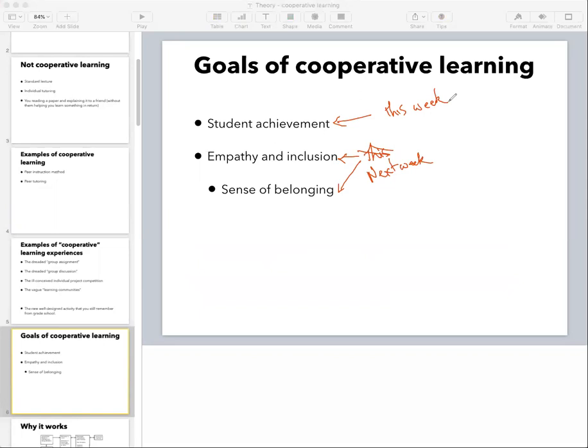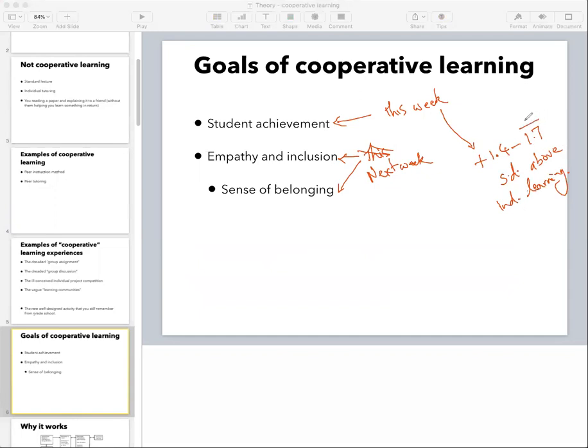So designing cooperative learning well allows you to improve student achievement. How much does it improve by? It depends on the topic that you're teaching, and it depends on how well the cooperative learning is designed, but usually between 1.4 to 1.7 standard deviations above individual learning. And so this is a really large and significant difference.